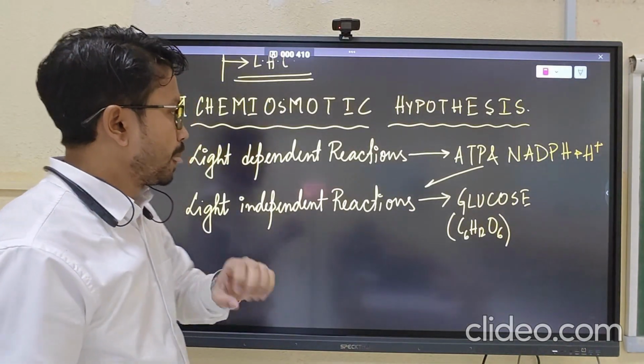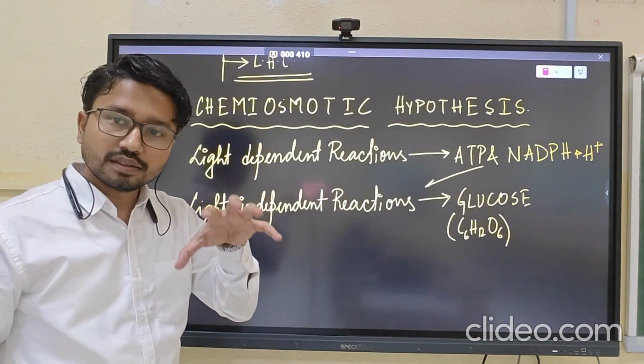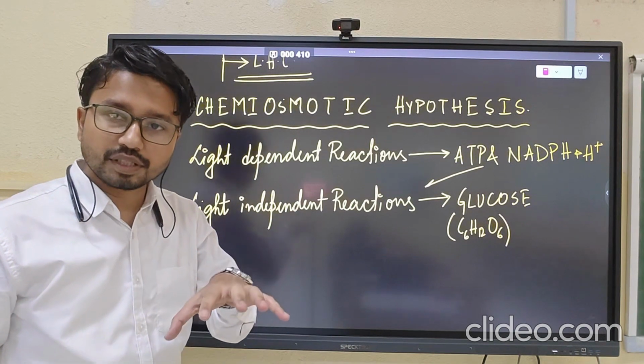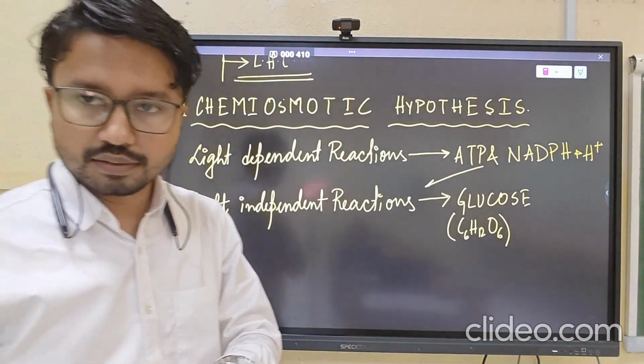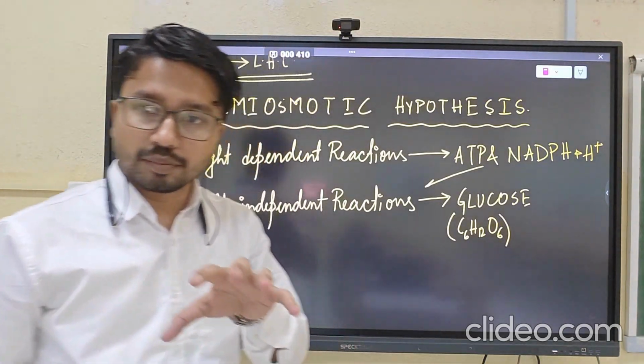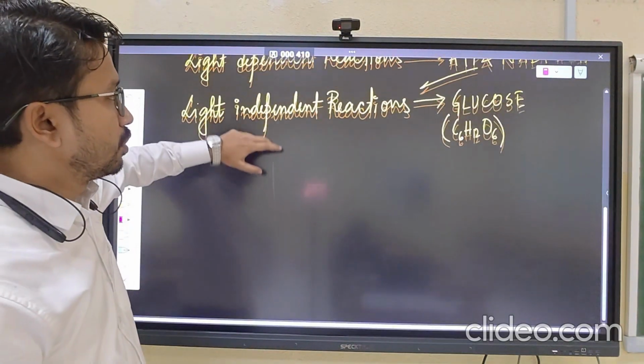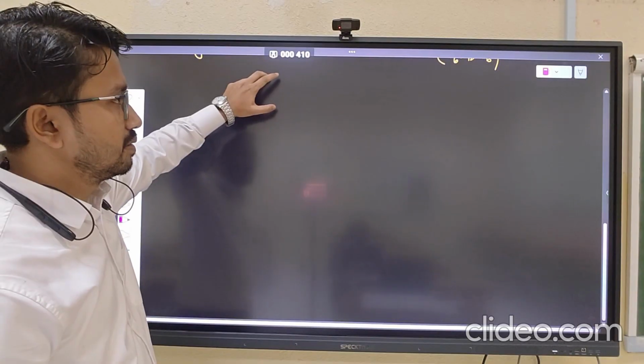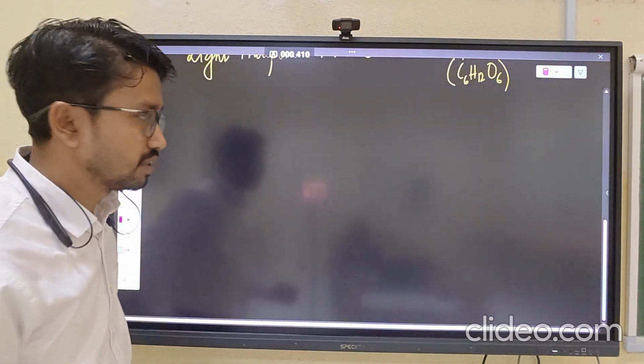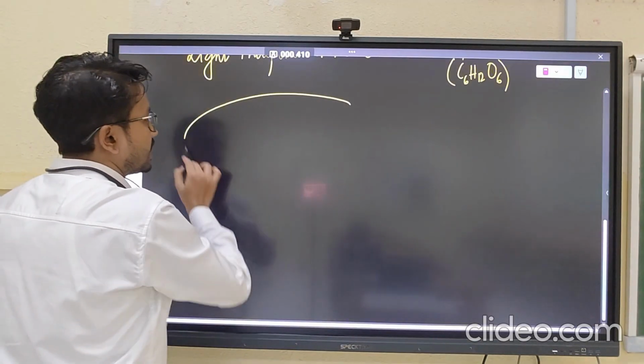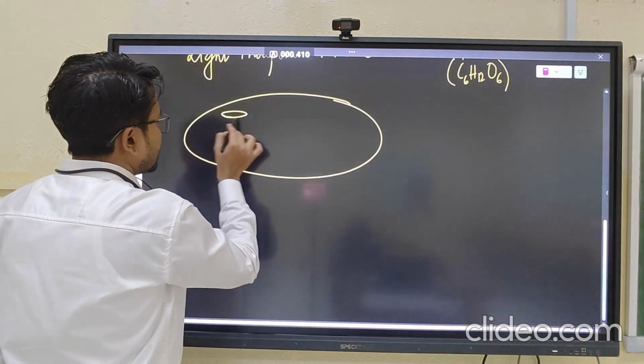So where is this reaction taking place? It is taking place on the membrane of the thylakoids. Now, in order to understand the site of this reaction, a little bit of revision of the chloroplast structure is essential.